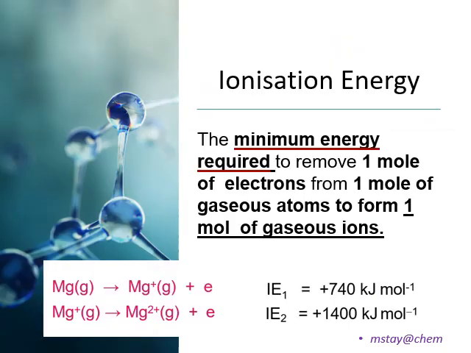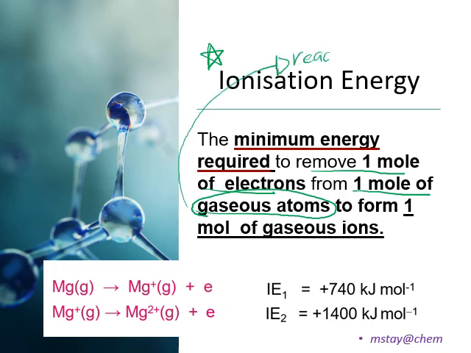Last definition, which is the ionization energy. We already know the definition of ionization energy from semester 1, chapter 3, the periodic table. The minimum energy required to remove 1 mole of electrons from 1 mole of gaseous atoms. Again, the gaseous atom is the reactant.